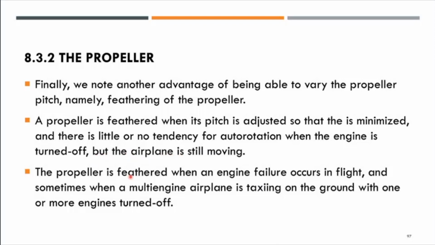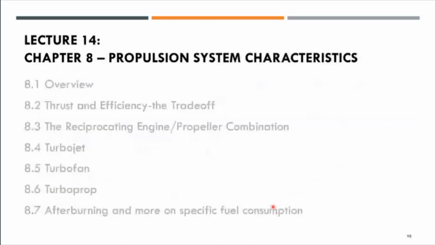The problem is present when an engine failure occurs in flight, and sometimes when a multi-engine airplane is taxiing on the ground with one or more engines being turned off.